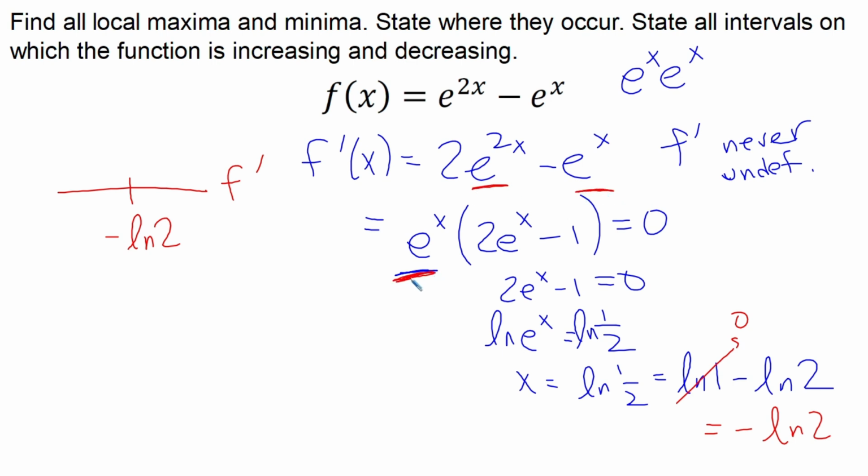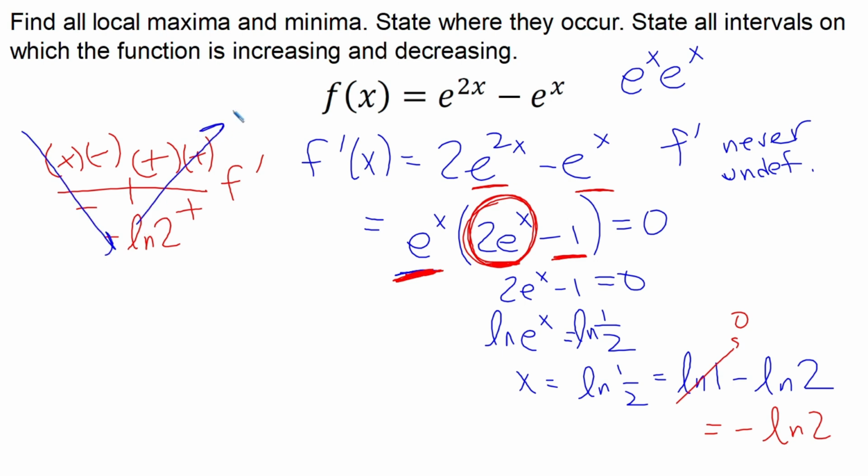Or if we look down here, it's e to the 1,000,000th power times 2e to the 1,000,000th power minus 1. Clearly a positive times a positive, which gives us a positive. And on the other side, if we put in negative 1,000,000, right, this number becomes infinitely small, close to 0. And we subtract 1, we get a negative. And then this is still positive, so it's a positive times a negative, which is a negative. So we can see that our function, f, decreases and then increases, right?